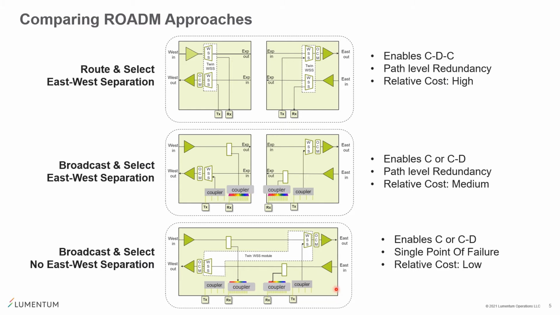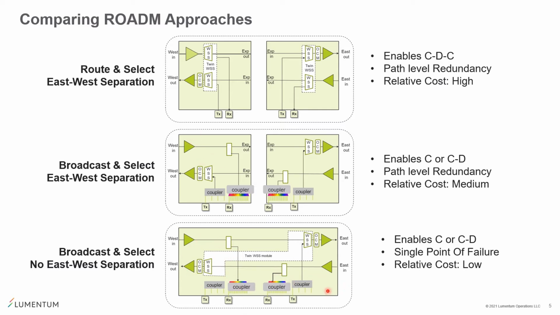Now that can be implemented by using a single twin WSS as you have in the case of a route and select. But instead of using a route and select, you in fact use each half of the twin for each degree and use couplers for the DMUX side. And just like before, you would need an equivalent complement of preamplifiers and boosters on a given card.